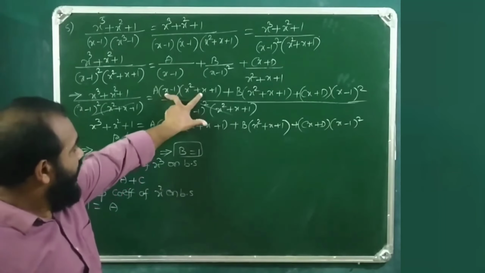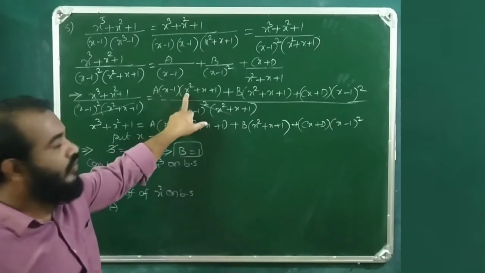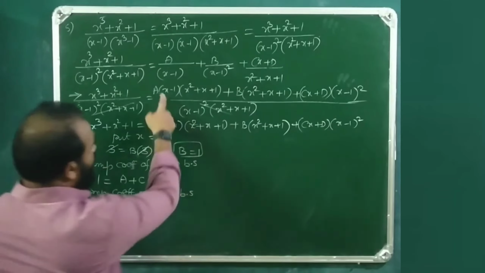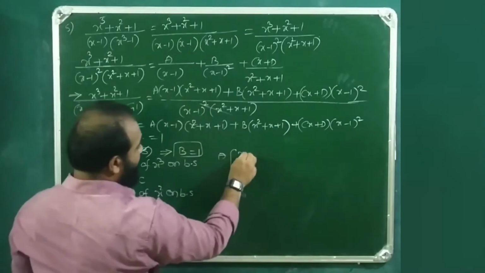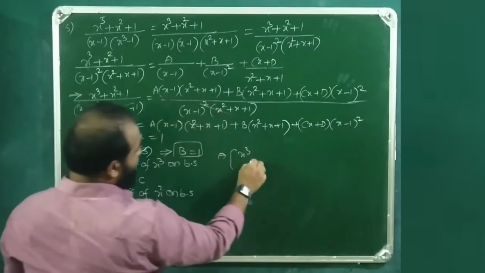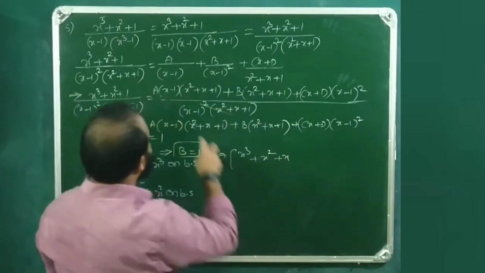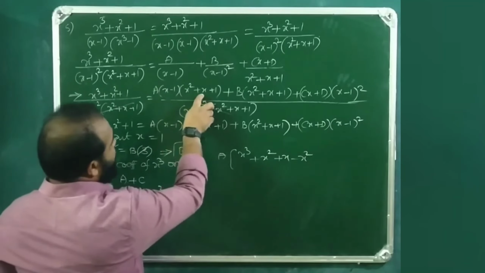If you multiply this out: x into x square is x cube, x into x is x square, x into 1 is x, minus 1 into x square is minus x square, minus x, minus 1.